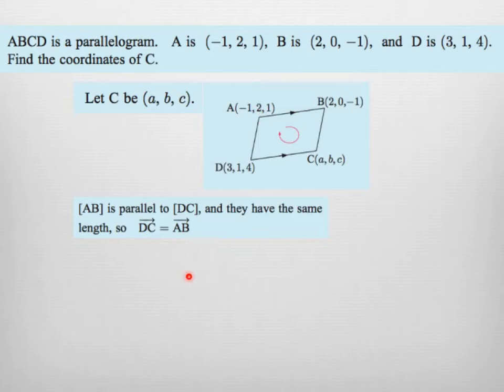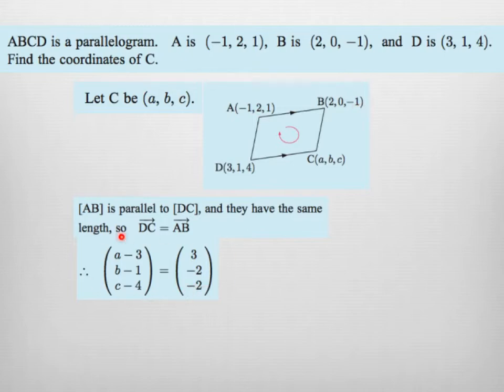So we could write that on this side. For DC, because we've defined these variables as the coordinates of point C, we can say these values minus these values. And that's what we get here. You can see on this side we have 2 minus -1 is 3, 0 minus 2 is -2, and -1 minus 1 is -2.